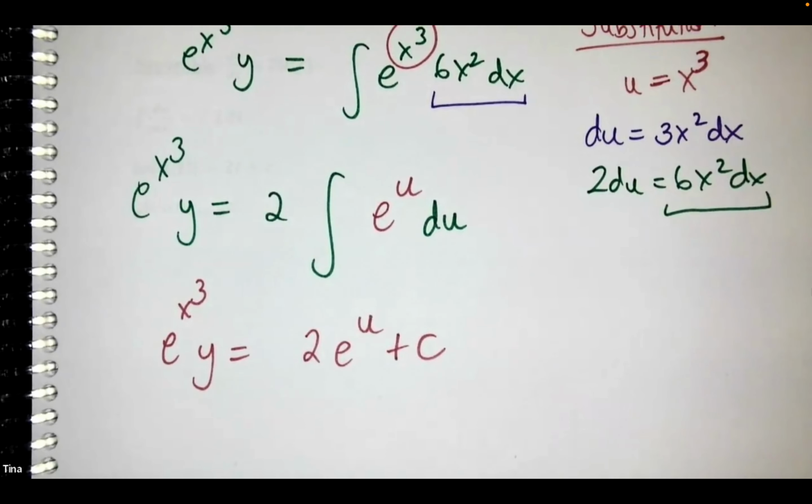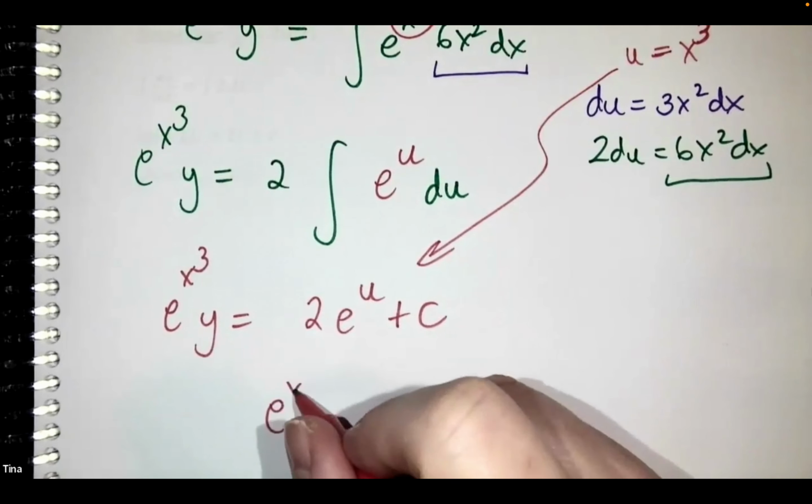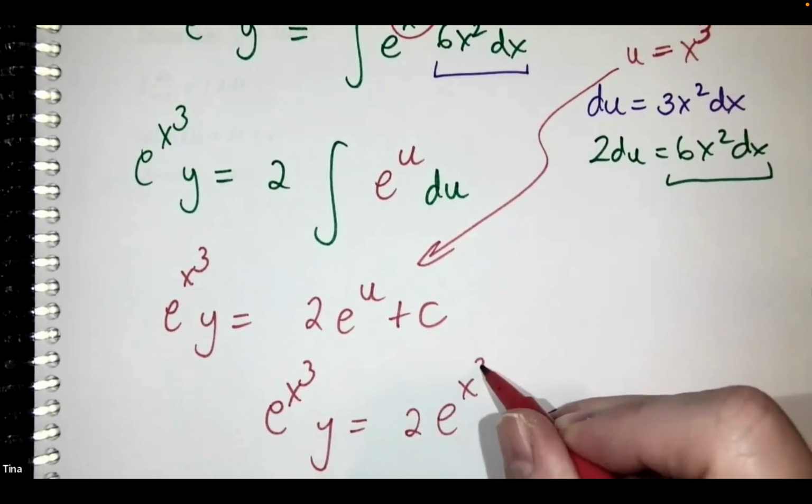Think about your substitution here, and what are you going to end up with? Okay, so your u here will be e to the x cubed y is 2e to the x cubed plus c.